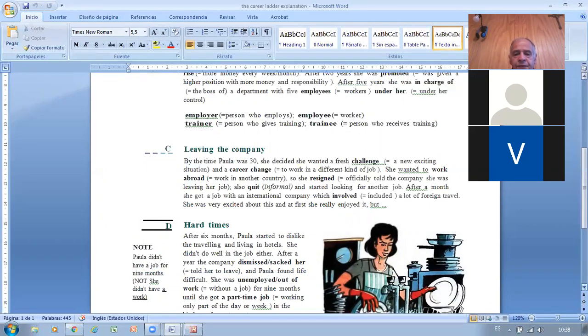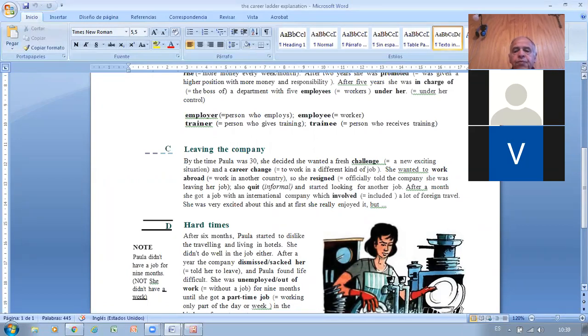So she resigned, officially told the company she was leaving her job. Also quit, which is informal. And started looking for another job. Started, past tense.